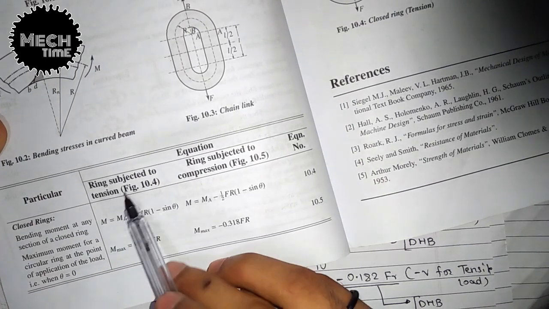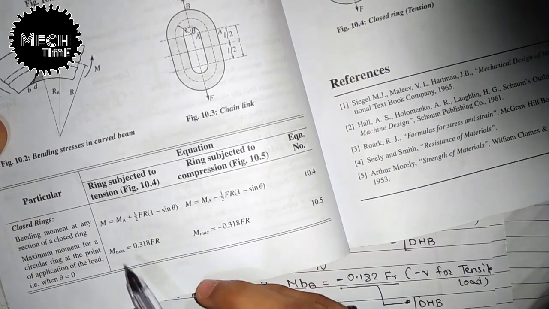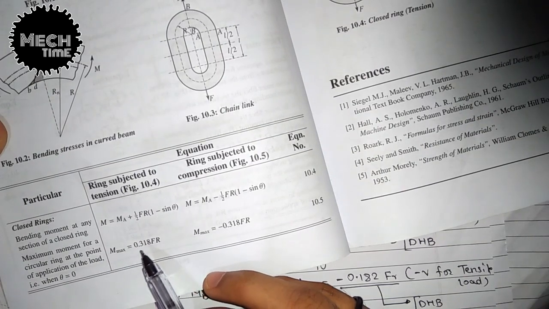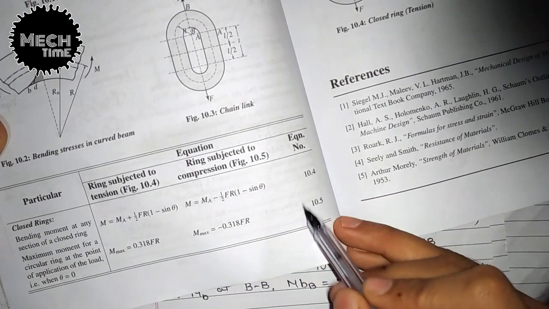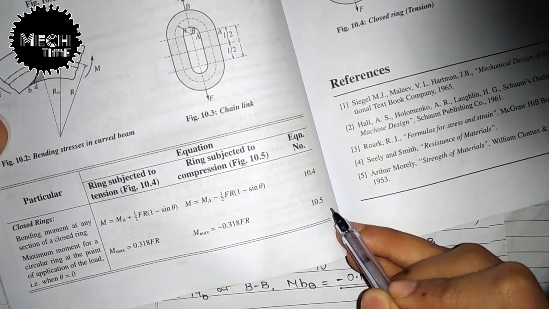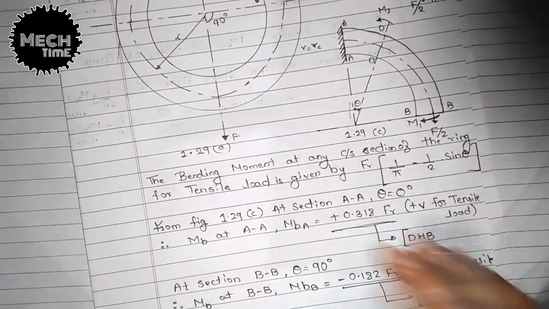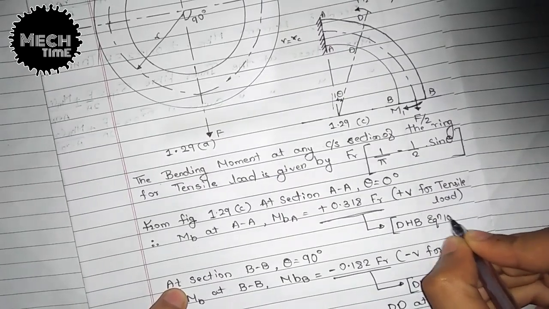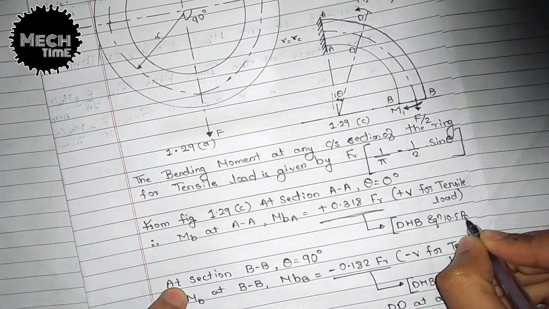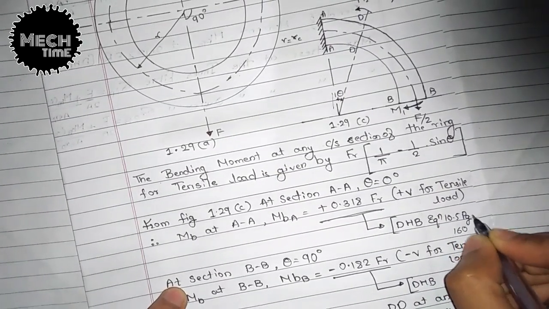We are finding for tension, as I told. Therefore M max is equal to 0.318 Fr. It's there in equation 10.5, page number 160, so I'll write it here: equation 10.5, page number 160.